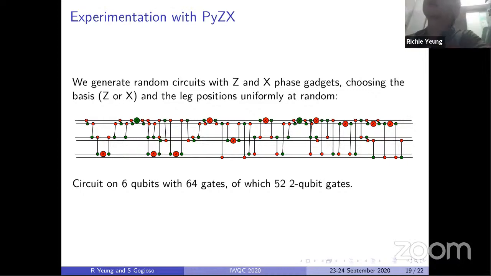So these types of circuits appear quite often in a project I was looking at, quantum machine learning ansätze, and it turns out a whole bunch of gates we're interested in can be written as phase gadgets plus rotations, which are also phase gadgets of alternating basis. I also showed that these phase gadgets form a universal set, so you can build a whole bunch of circuits using just these phase gadgets. So I think you can probably rewrite a whole class of circuits into these.